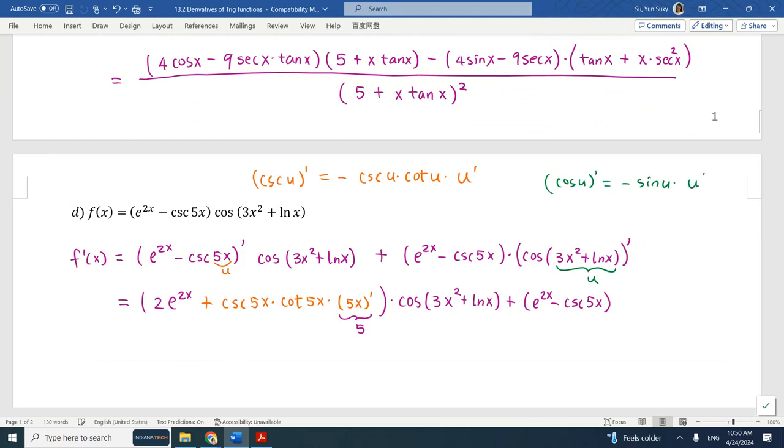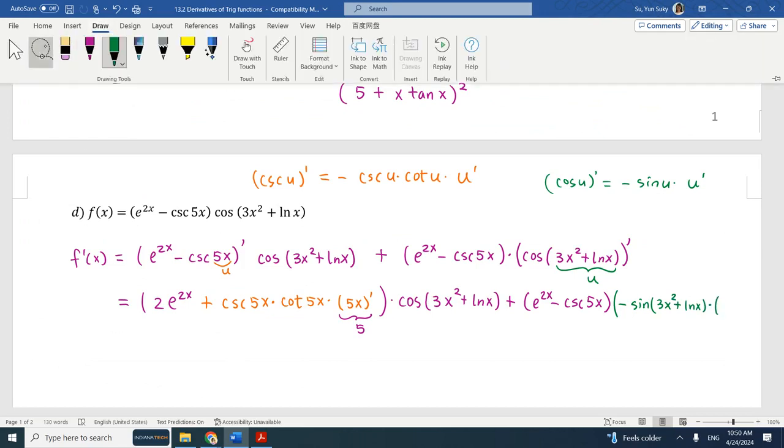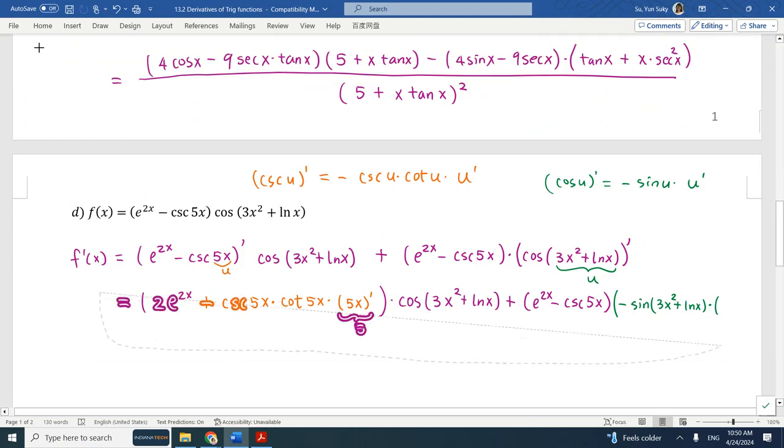Negative sine u times u prime. So negative sine u. U is this long big thing. 3x squared plus ln x. But times u prime. Oh my goodness, I ran out of space.